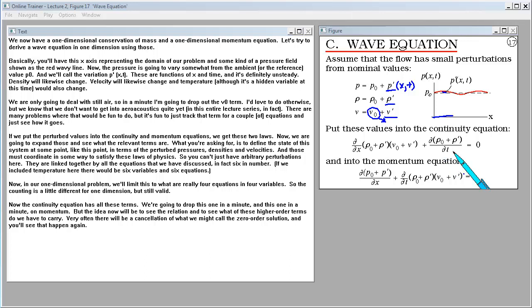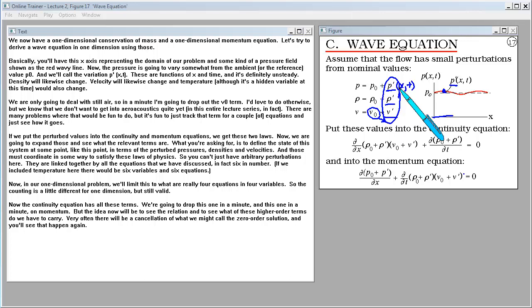What you're asking for is to define the state of this system at some point, like this point, in terms of the perturbed pressures, densities, and velocities. And those must coordinate in a way to satisfy these laws of physics. So you can't just have arbitrary perturbations here. They are linked together by all of the equations that we have discussed.